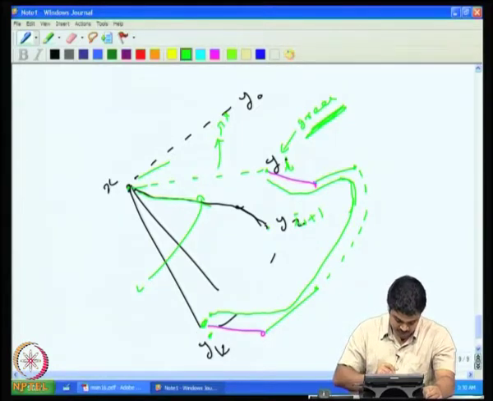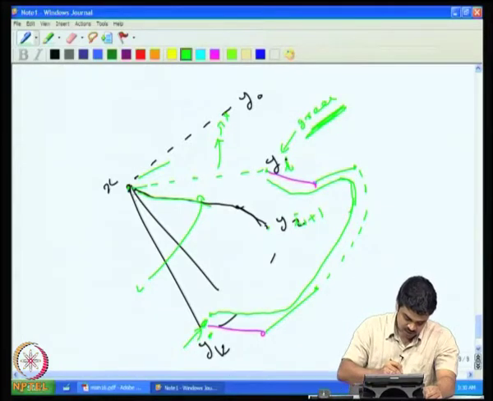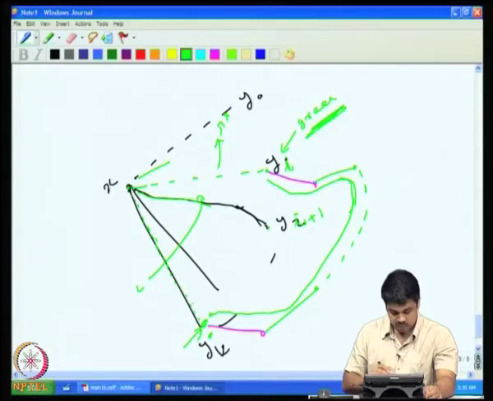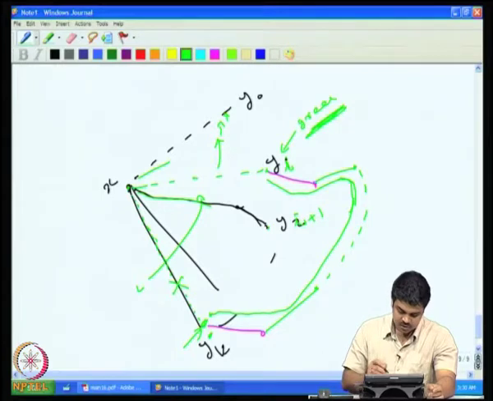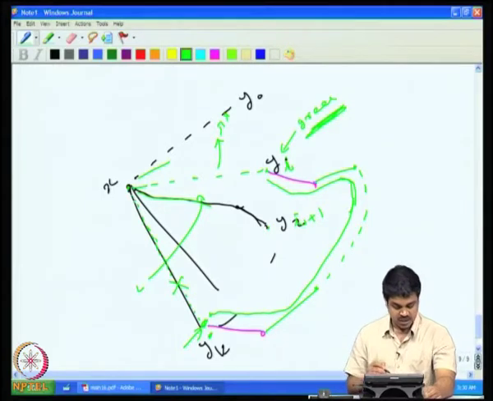But we know that there is no green edge here to enter. The green was missing here, isn't it? So therefore we will not be able to enter here. This is a contradiction to the fact that the violet green path should reach x somehow.